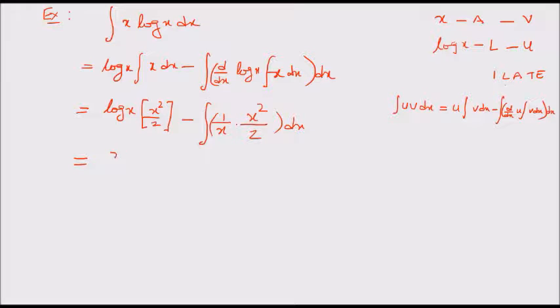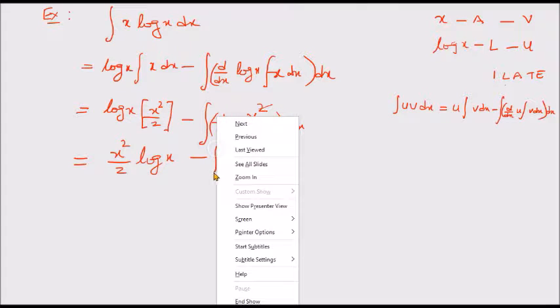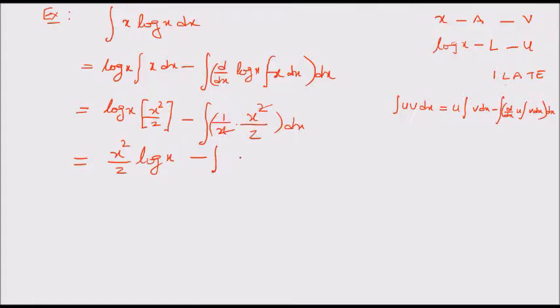So x square by 2 log x minus, x and this cancels. So what is it that you are going to get here? 1 by 2 can be written outside and integration of x dx. Partial integration has been done, so I have to write here c1.